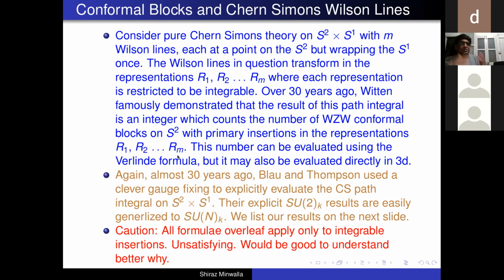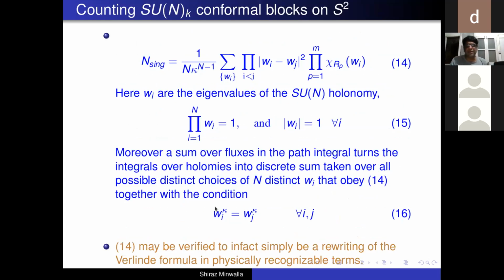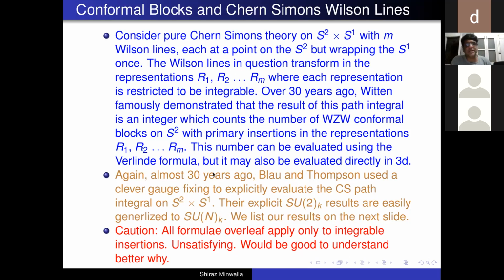Now, the number of such blocks can be obtained using the Verlinde formula, but can also be evaluated directly by evaluating a three-dimensional path integral, as was explained almost 30 years ago by Blau and Thompson. We're going to present the answers in this Blau and Thompson language in what follows.